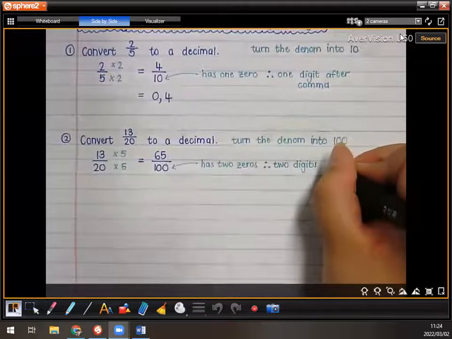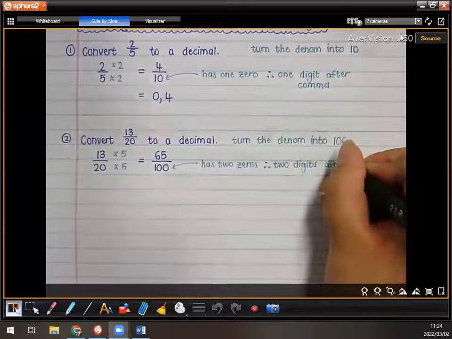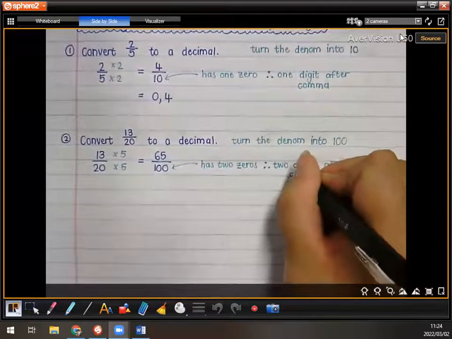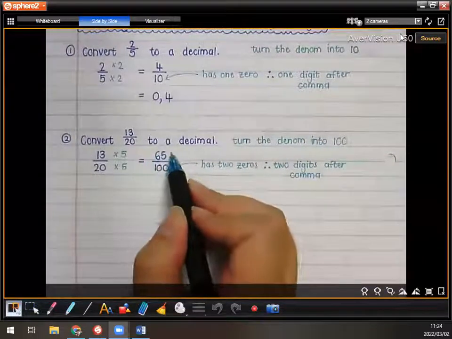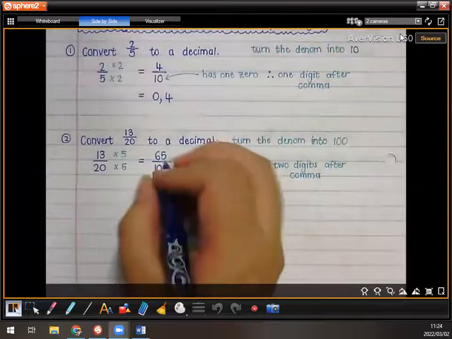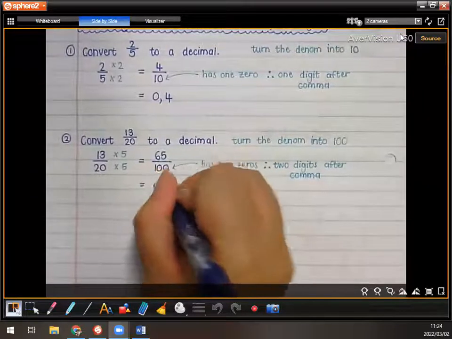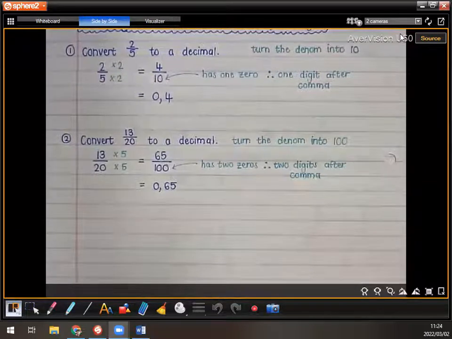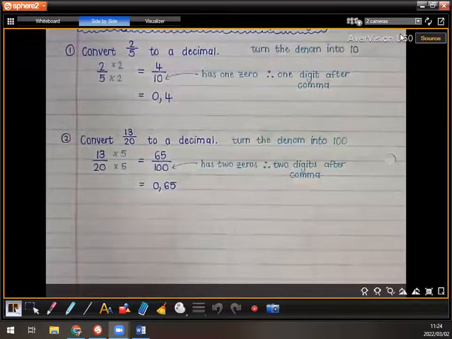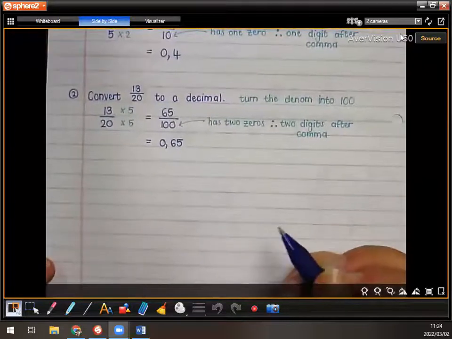So 2 digits after the comma, and those 2 digits are going to be 6, 5. So my decimal is going to be 0,65. So it's always the numerator that you put in your actual decimal, as soon as you've written it over 10 or 100 or something.